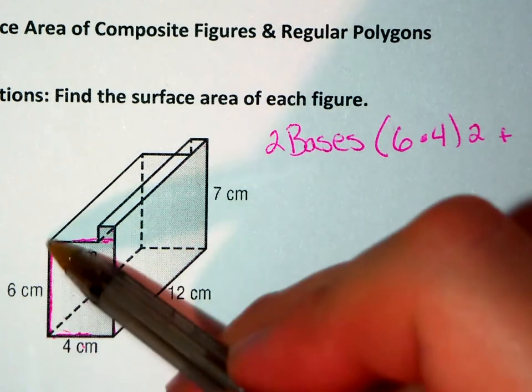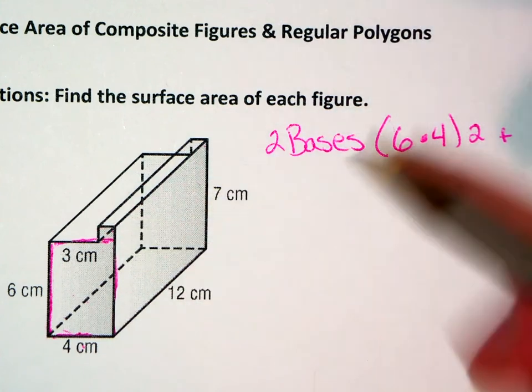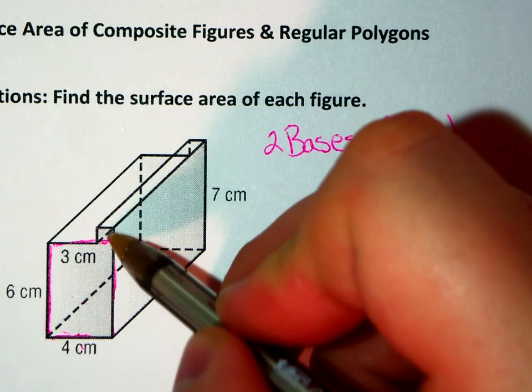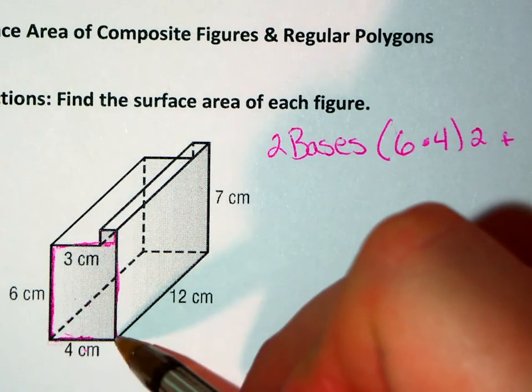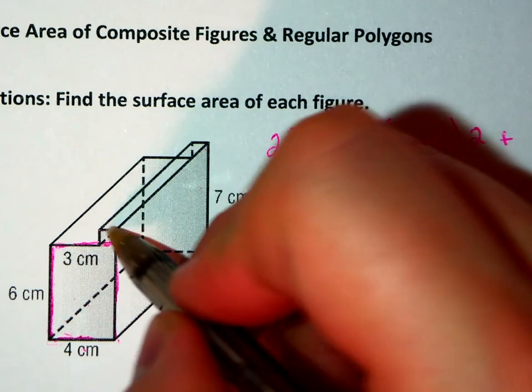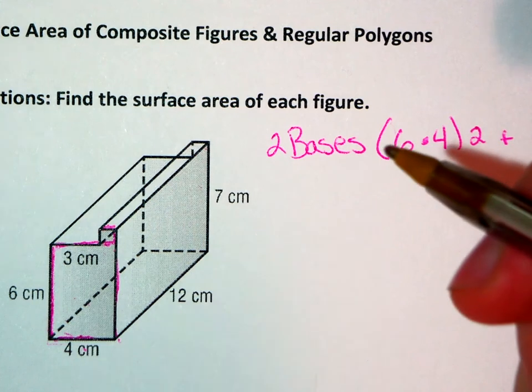Since this far left side is 6 and the far right side is 7 centimeters tall, that tells me that this piece here is 1 centimeter tall. And since the bottom is 4 centimeters tall, but the top of this figure is 3 centimeters tall, that tells me that the top of this little piece is 1 centimeter in length.